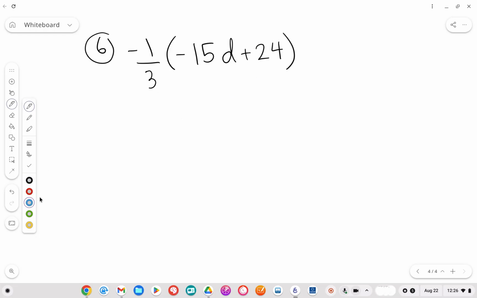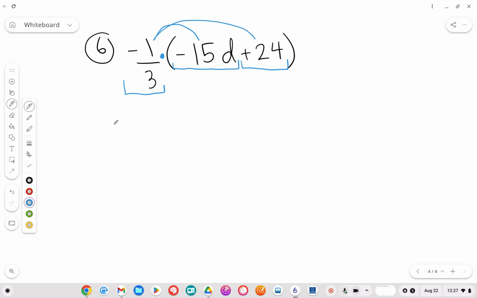So let's get started. We know that we're going to multiply because we have a number right next to a parenthesis. So the invisible operation is multiply. This is negative 15d, and this is a positive 24. So those are the pieces inside the parentheses. I'm going to be multiplying it by negative 1/3, and I'm going to multiply that by both of the terms. Okay?